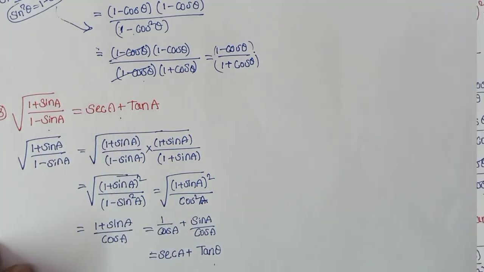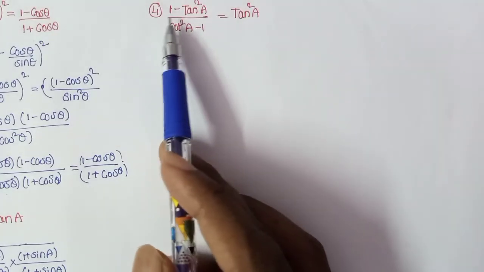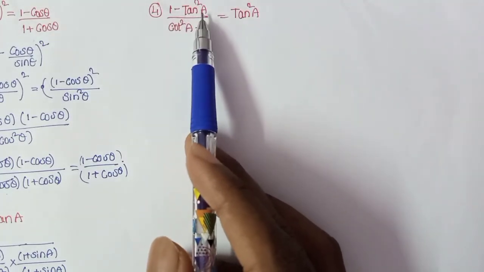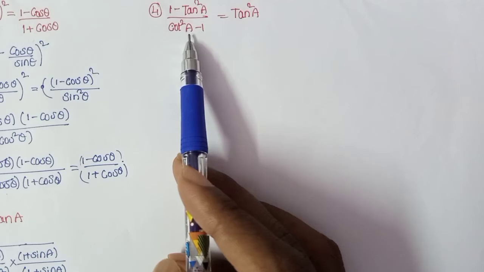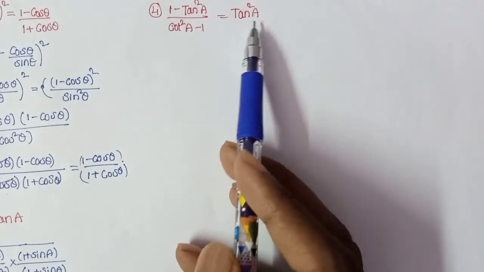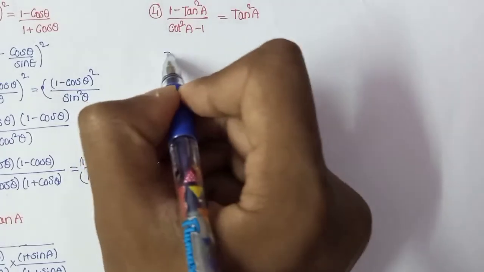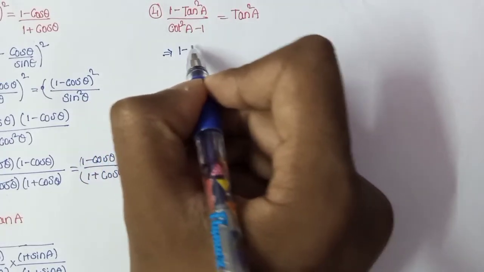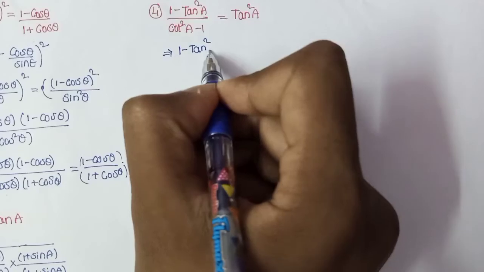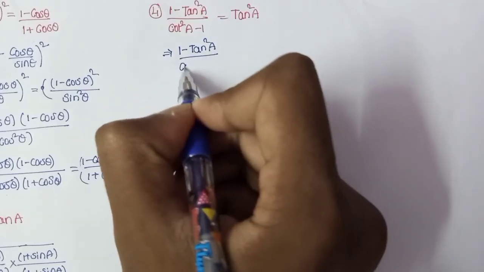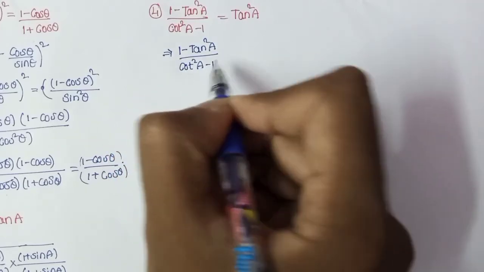Okay, we'll see the next problem. The next problem is: show that (1 minus tan square a) divided by (cot square a minus 1) is equal to tan square a. So here, take the LHS, the same: 1 minus tan square a divided by cot square a minus 1.